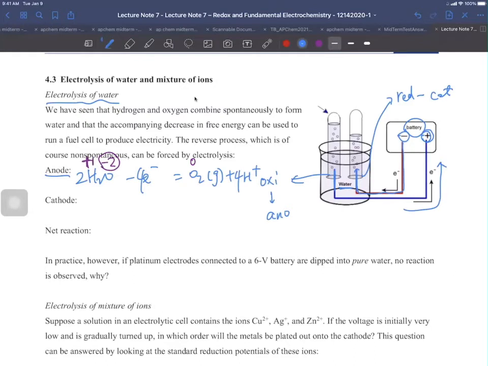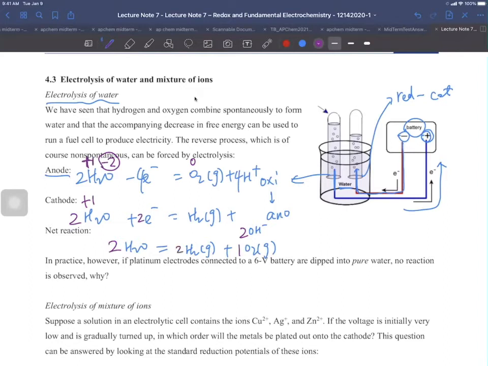And on the cathode is a reduction. So which one will be reduced? It gains electron. So obviously it will be the +1 hydrogen changed into hydrogen gas. And then the hydroxide is left. So if we balance it, it will be like this, right? So the overall net reaction is water changes into hydrogen gas and oxygen gas, with coefficients 2, 2, 1.